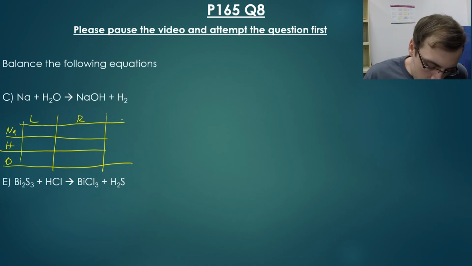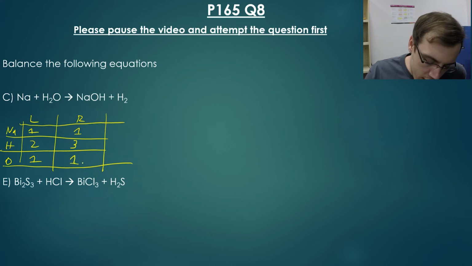So sodium, we have 1 on the left. Hydrogen, we have 2. And oxygen, we have 1. Now on the right-hand side, we have 1 sodium. We have 1, 2, 3 hydrogens. And oxygens, we have 1.